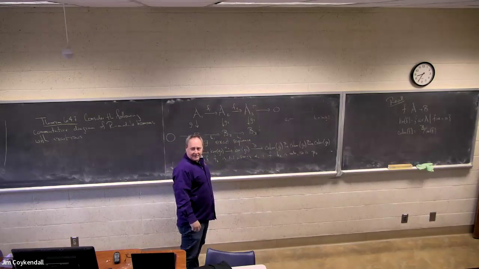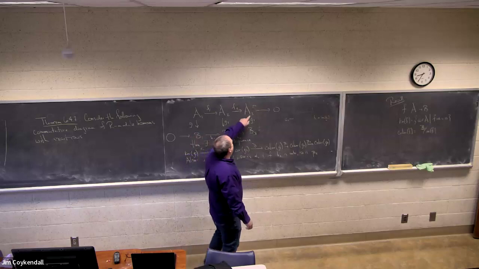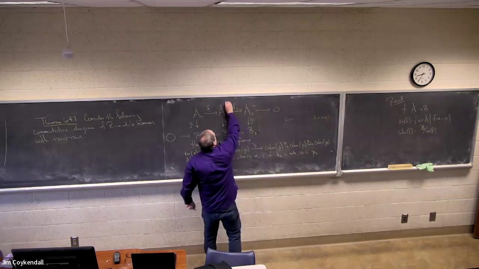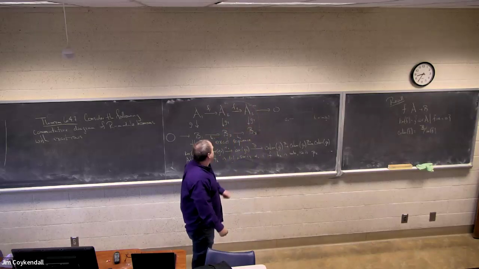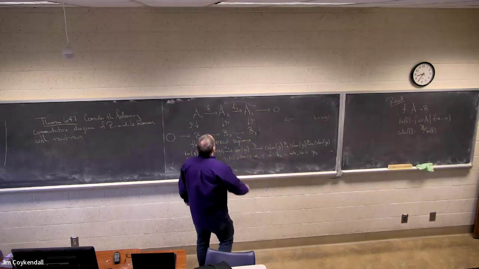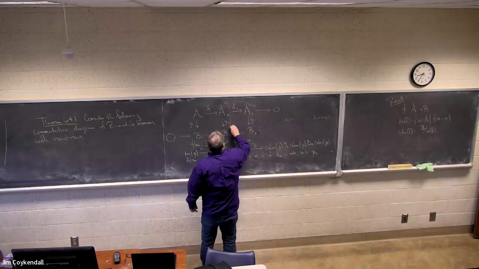Right, so I could go backwards here, because there certainly is an A2 that goes here. Everybody agree with that? Because it's onto, and then I could go down here to B2.